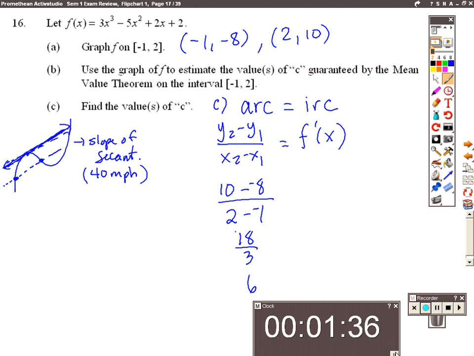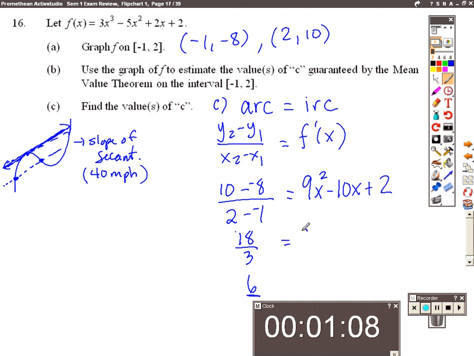So you can see I found the y values by substituting negative 1 and 2 in place of the x values in the equation. And I went ahead and did the arithmetic, and I found that the average rate of change, the slope, is 6. I'm going to set that equal to the derivative, and the derivative of this function is 9x squared minus 10x plus 2.